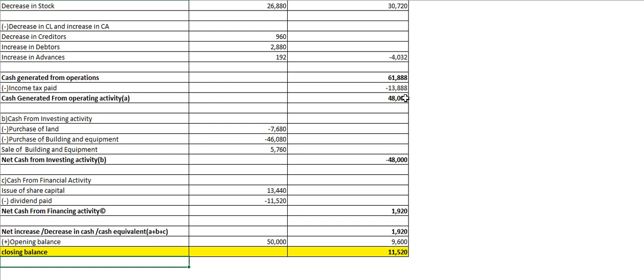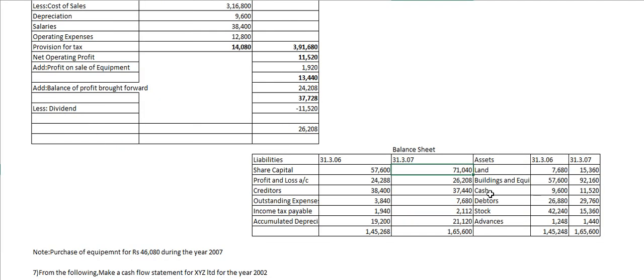So cash generated from operating is 48,000. Cash generated from investing is minus 48,000, and cash from financing is 1,920. So 48,000 minus 48,000 plus 1,920, you get the resultant figure to be 1,920. So now what you will do is you will add your opening balance of cash.